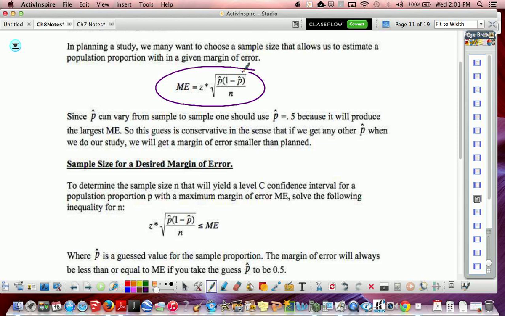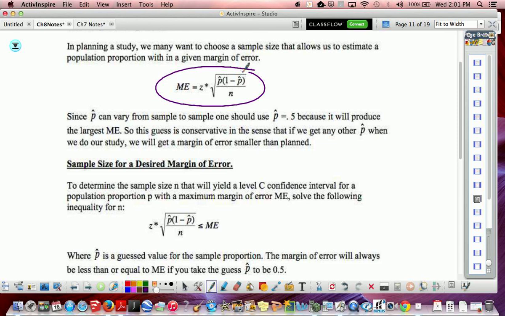Now, when we're going to use the margin of error, and we want to figure out a sample size to guarantee a margin of error to be less than some value, we don't know what the true sample proportion is. In fact, we don't know until we actually collect it. So the question is, what do we use for p hat?